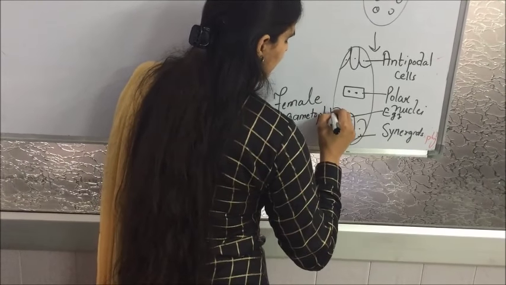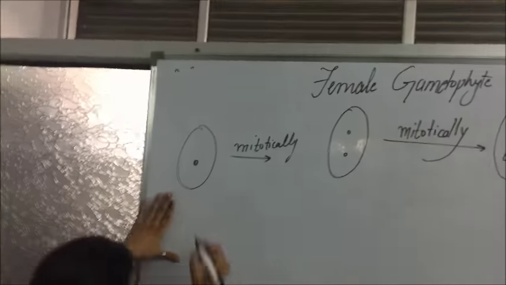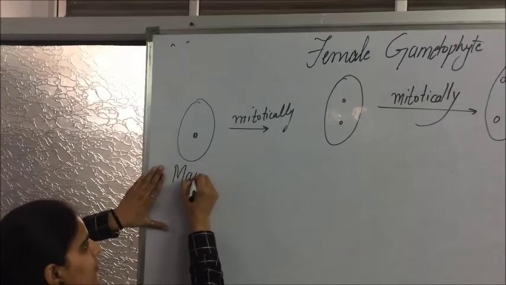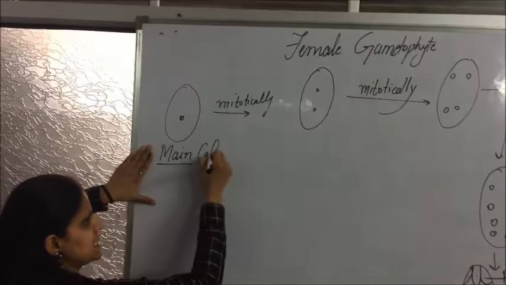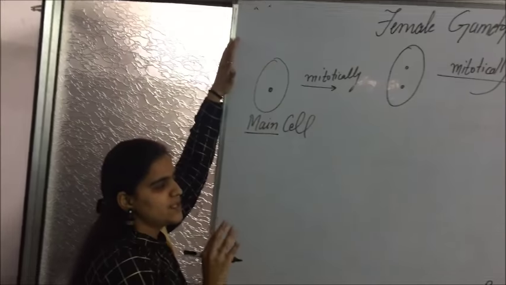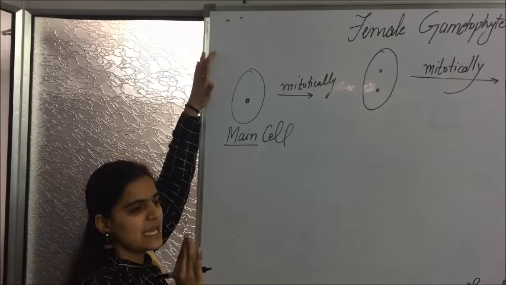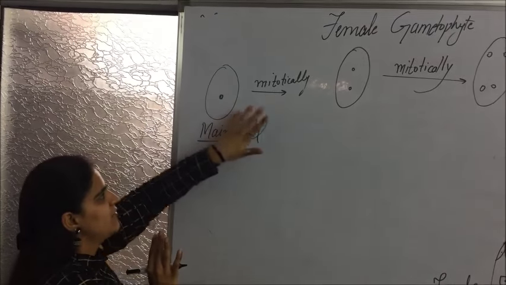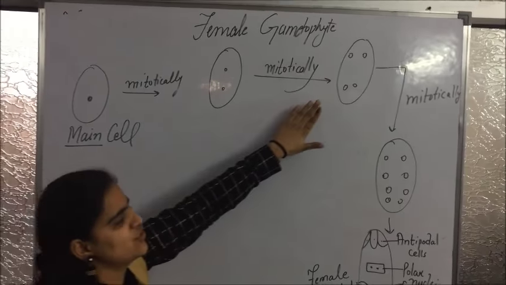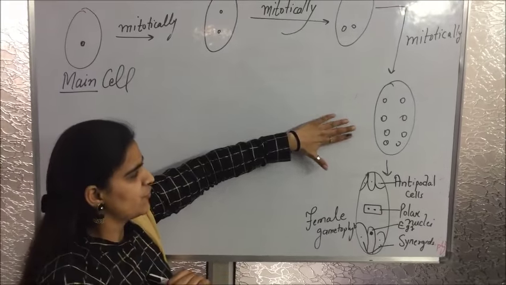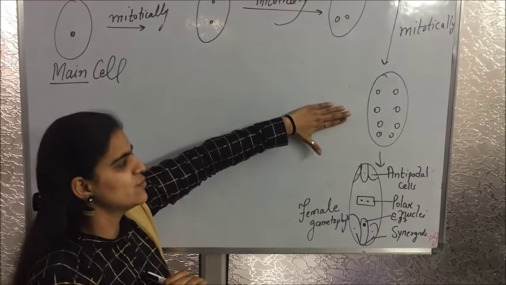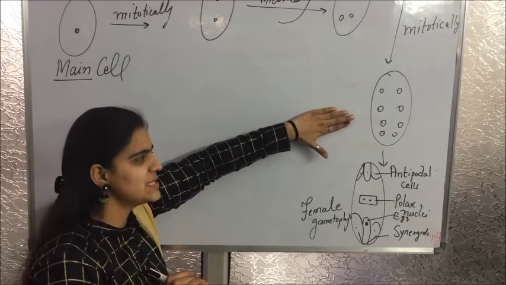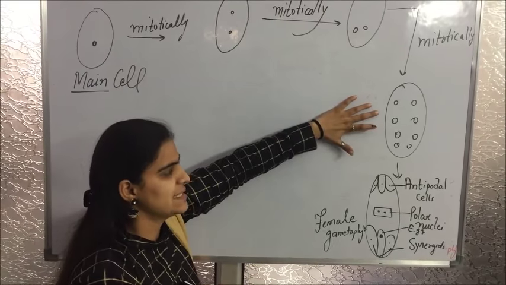I will again repeat. This is the main cell from where megasporogenesis takes place. It will go through 3 mitotic divisions to produce 8 cells in a sporangium. First it will form 2, later on 4 and later on 8. From these 8, 3 cells move in the opposite direction and form a different structure, and 2 will come to the center.